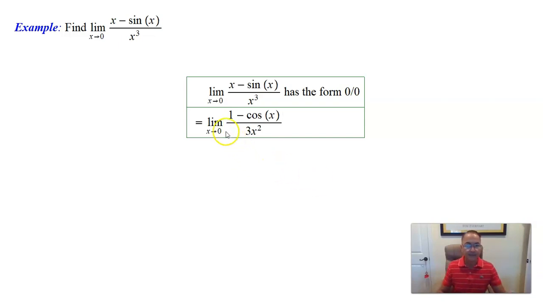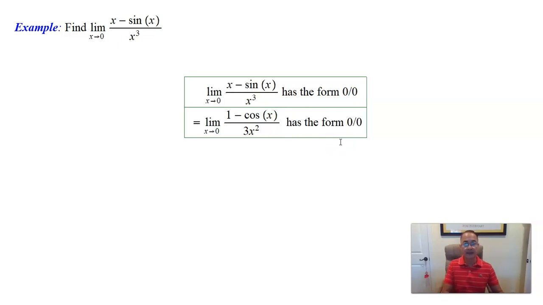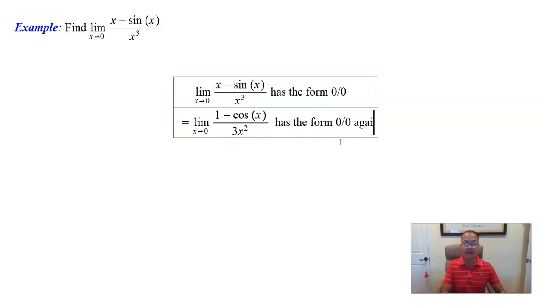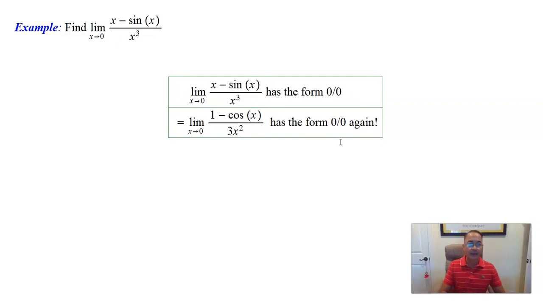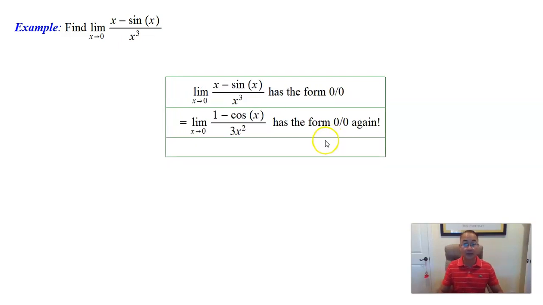As x approaches 0, 3x squared still approaches 0. As x goes to 0, cosine 0 is 1, so the numerator is 1 minus 1, that's 0. So this again has the form 0 over 0. Let's indicate that here again, just for good measure. So we can use L'Hopital's rule one more time.